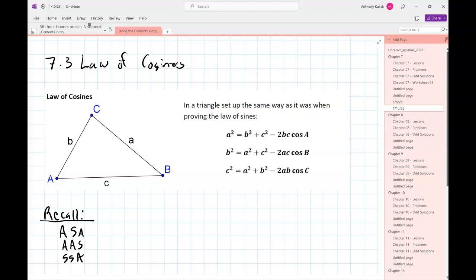Remember last time, for angle-side-angle, angle-angle-side, and side-side-angle, we used the law of sines. For our other two situations, we're going to be using the law of cosines. And I'm going to put a little asterisk by the side-side-side situation because there's some additional checking we have to do in a side-side-side situation. And we'll talk about that in a moment.